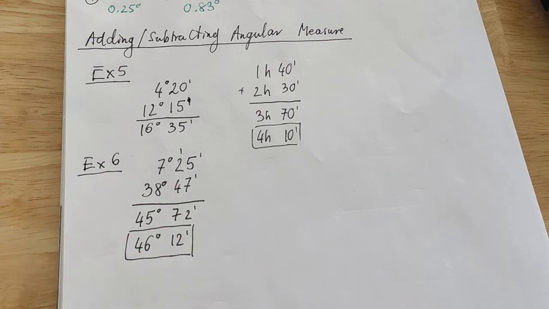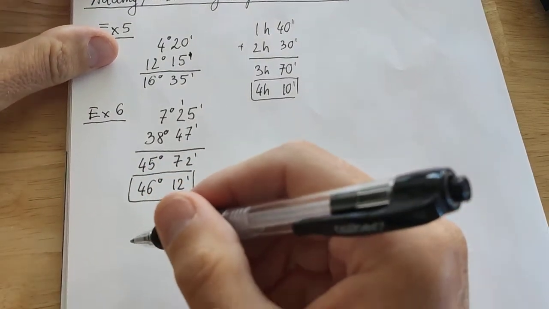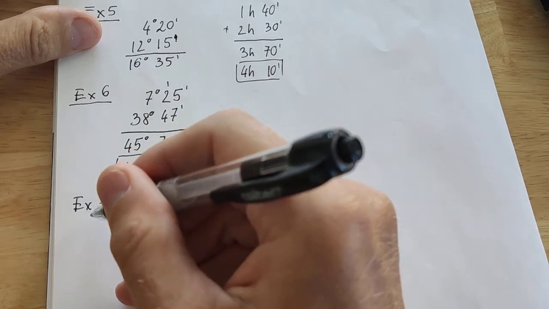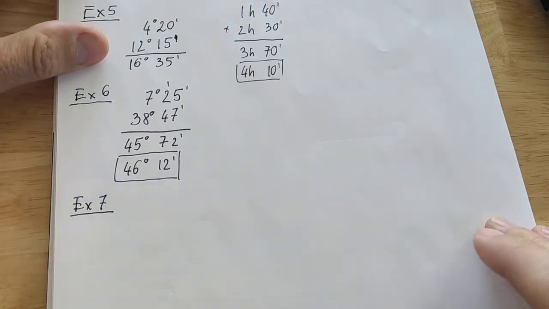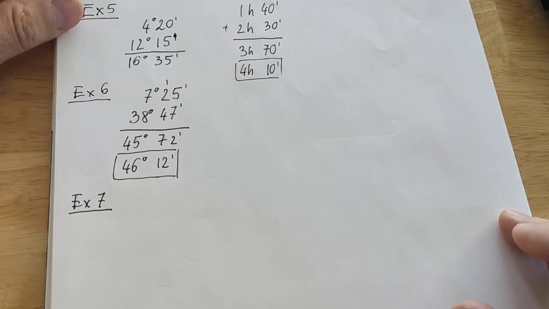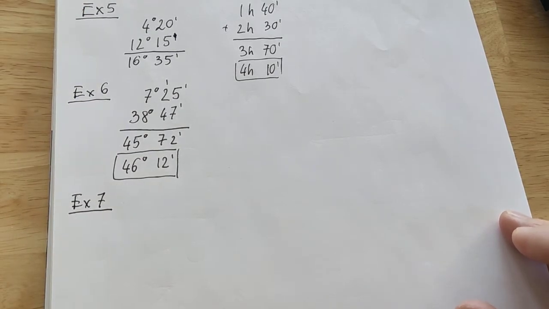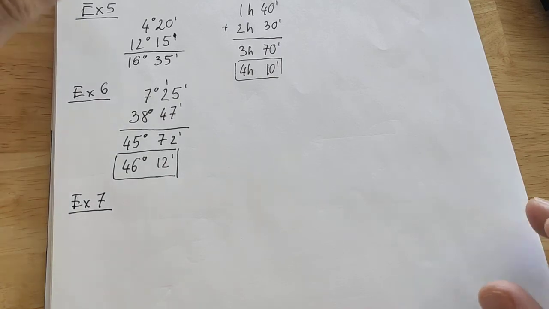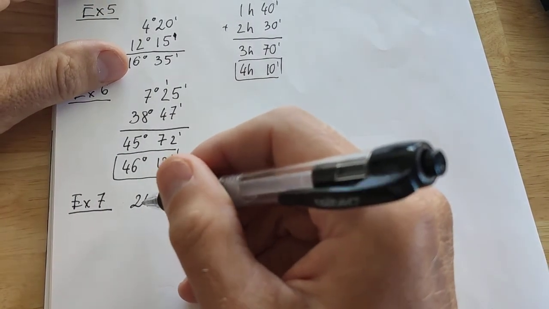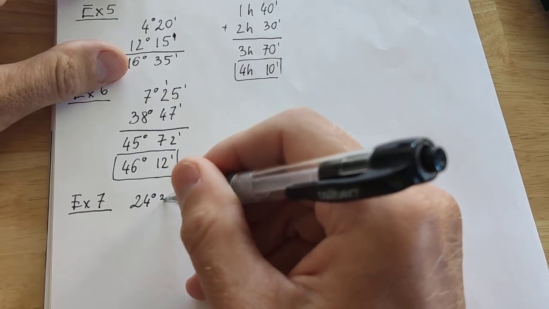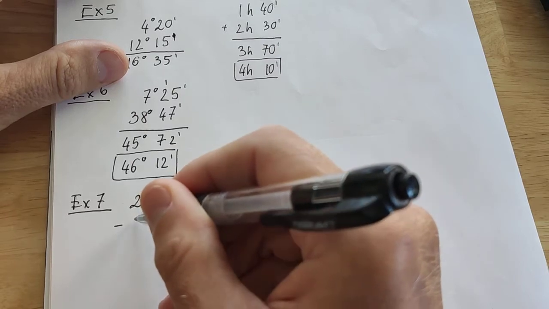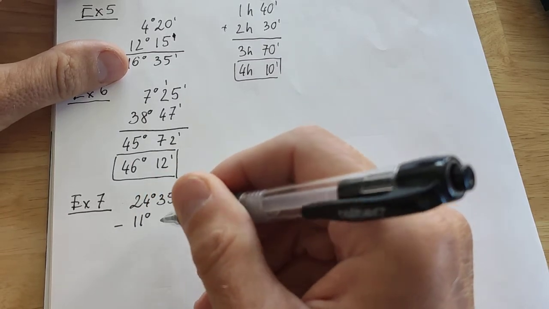Two more examples. So this time let's do a little bit of subtraction. So example 7. Okay. So we need to subtract 24 degrees 35 minutes minus 11 degrees and 15 minutes.